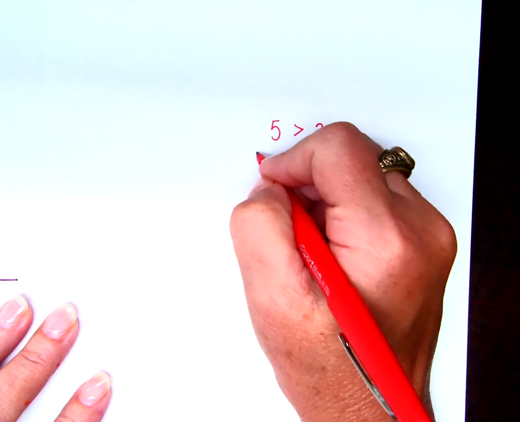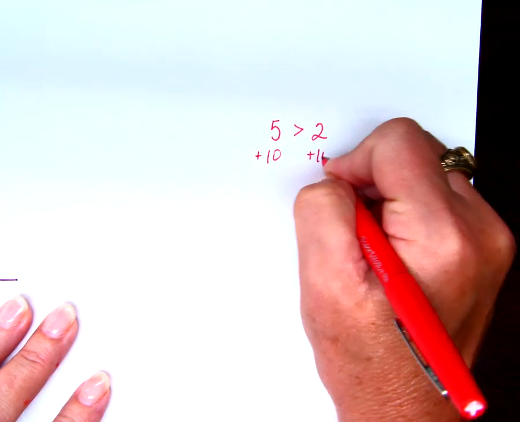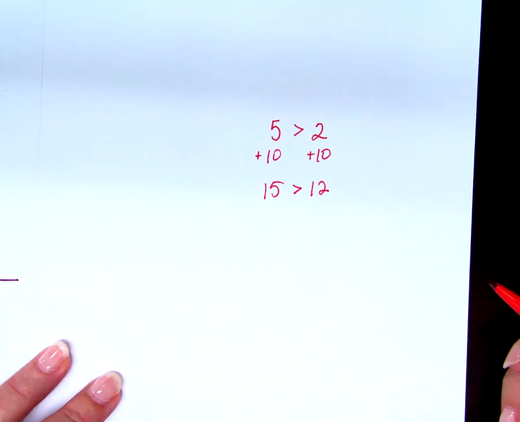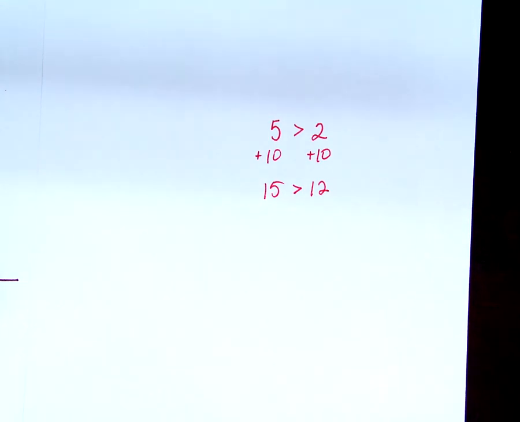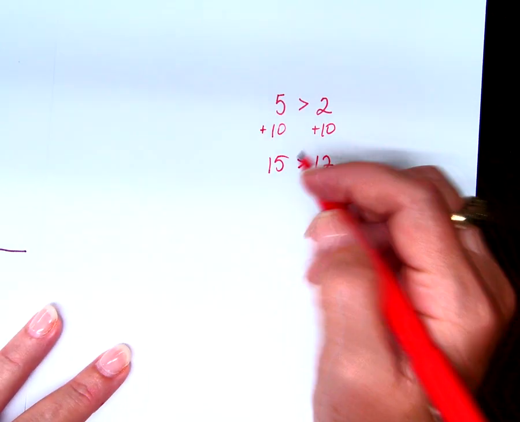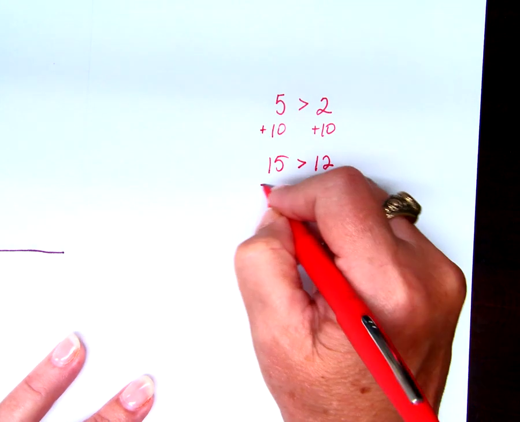So I could add 10 to both sides of the equation. Is 15 greater than 12? Yeah, that's still a true statement. I can add anything I want as long as I do it to both sides, and it doesn't change the value of the inequality, does it? Am I allowed to subtract anything I want? Like 5?